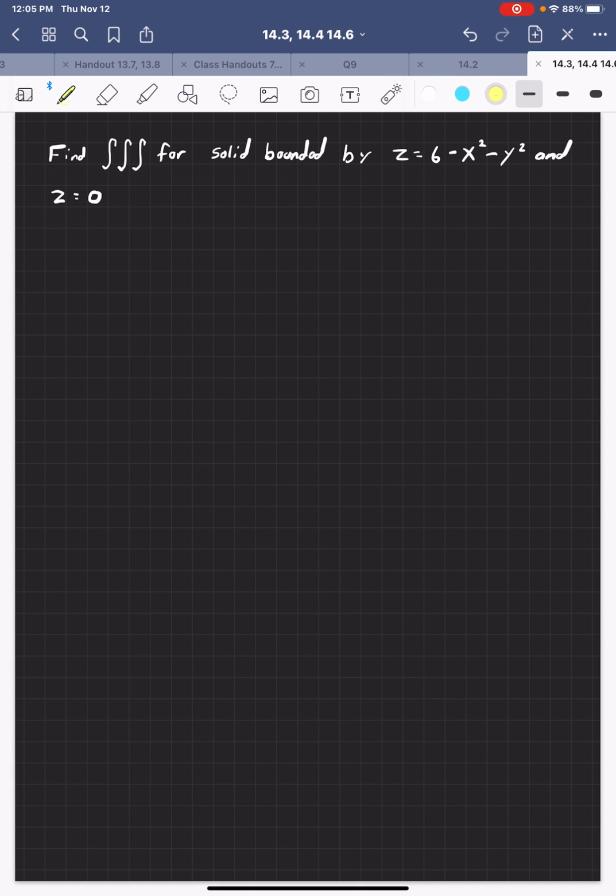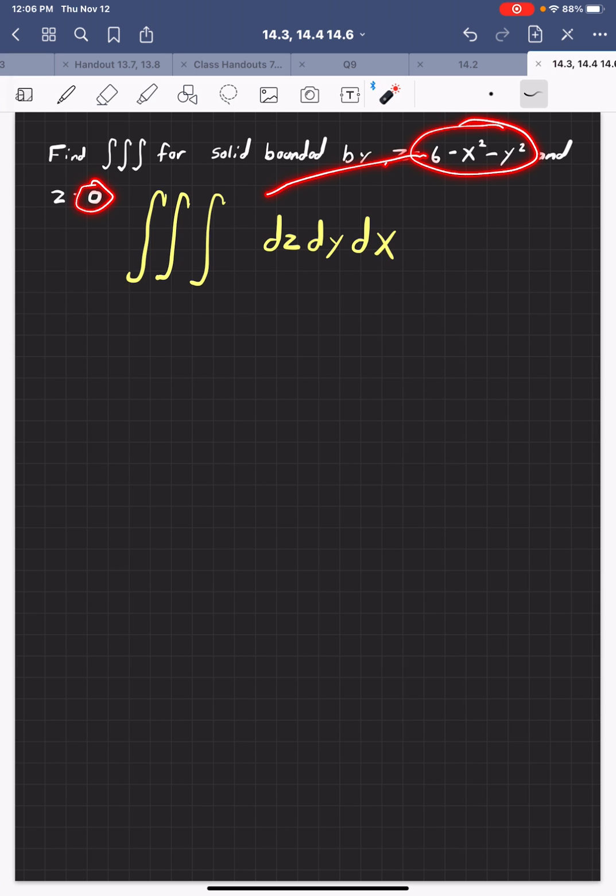So again, as just a default, our order of integration that we're going to assume is going to be dz, dy, dx. And we will change it if we need to do so. So the good news is we do have the bounds for z. So we can go ahead and fill those in if you'd like. So z is bounded from 0 to 6 minus x squared minus y squared.